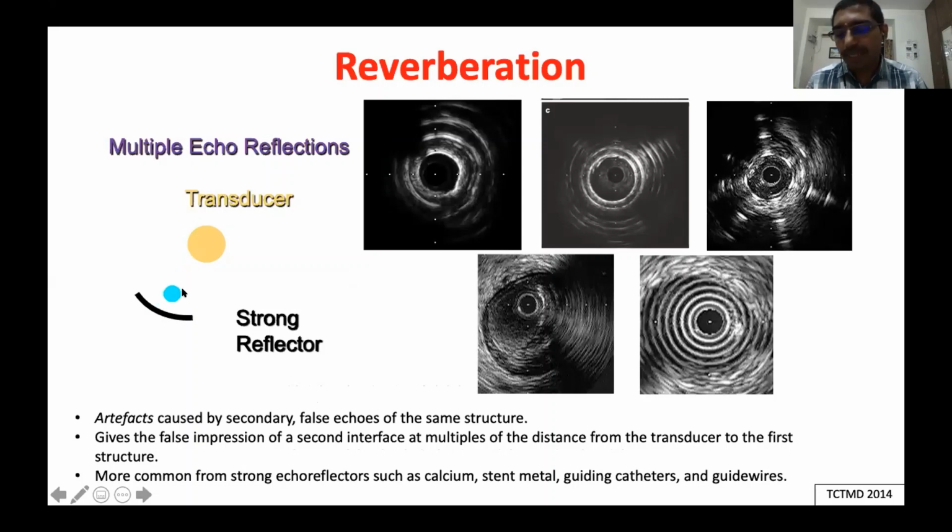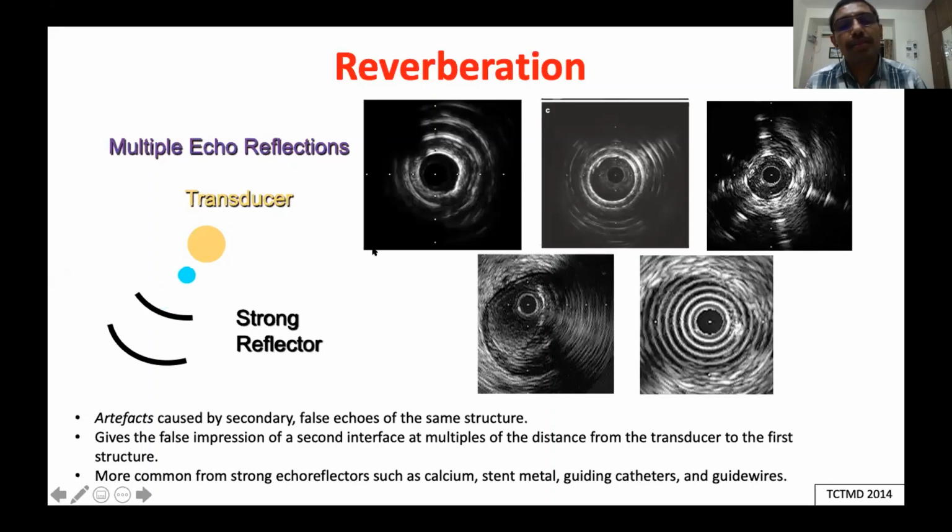If it travels 2 times, it produces another image at exactly twice the distance. And again, if it reflects 3 times, it forms another ghost image at exactly 3 times the distance between these 2 structures.